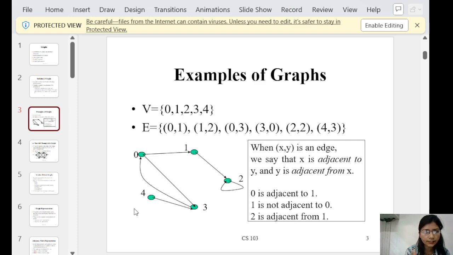V is a subset of {0, 1, 2, 3, 4} and E is the pairs (0,1), (1,2), (0,3), (3,0), (2,2) and (4,3). When (x, y) is an edge, we say that x is adjacent to y and y is adjacent from x. So 0 is adjacent to 1 and 1 is adjacent from 0.